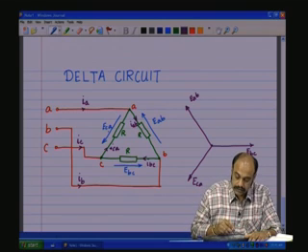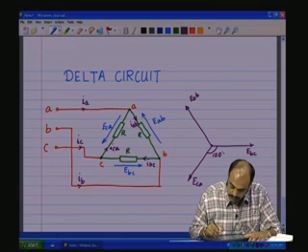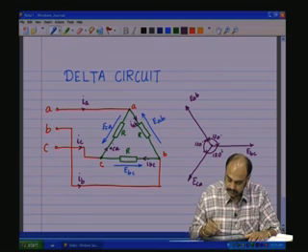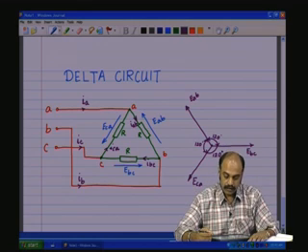So, we have the 3 line voltages drawn here, and they are 120 degrees phase shifted with respect to each other. That is the characteristic of 3-phase systems.